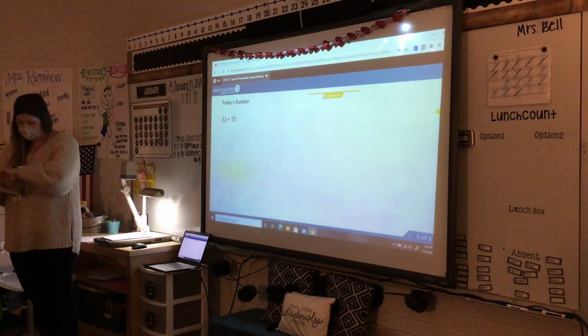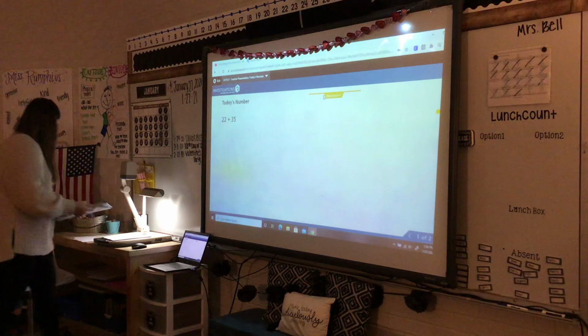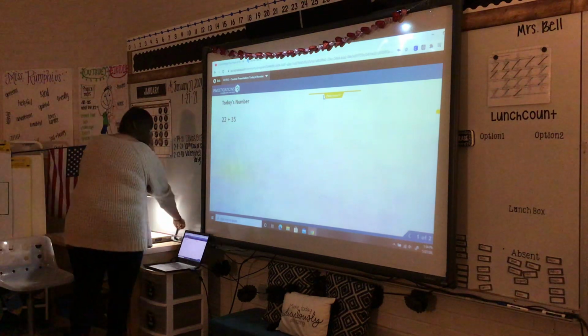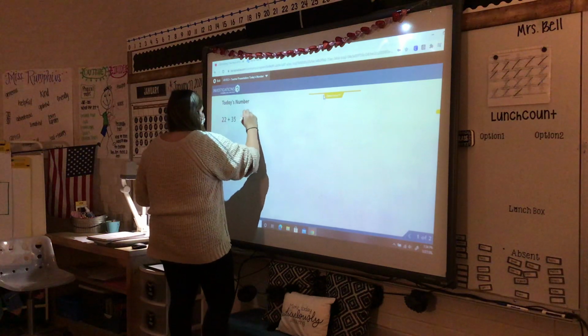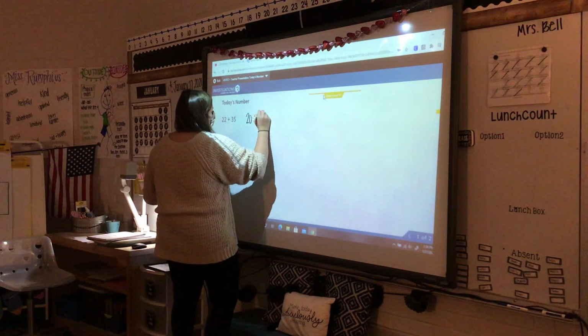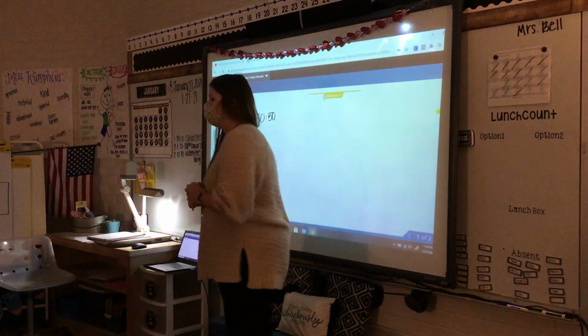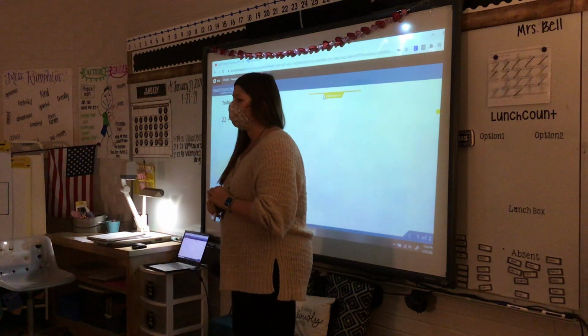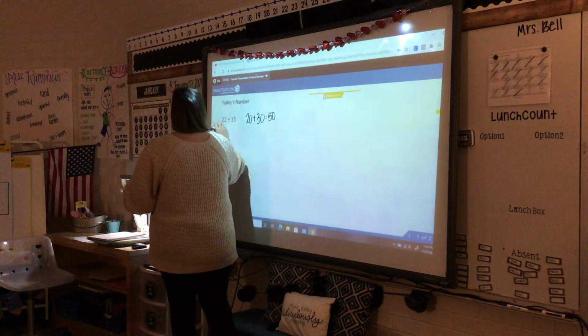Okay, so let's add this up. Connor already did 20 plus 30 equals 50. Then we add the ones. What is my equation for adding my ones? Here we already added our tens.